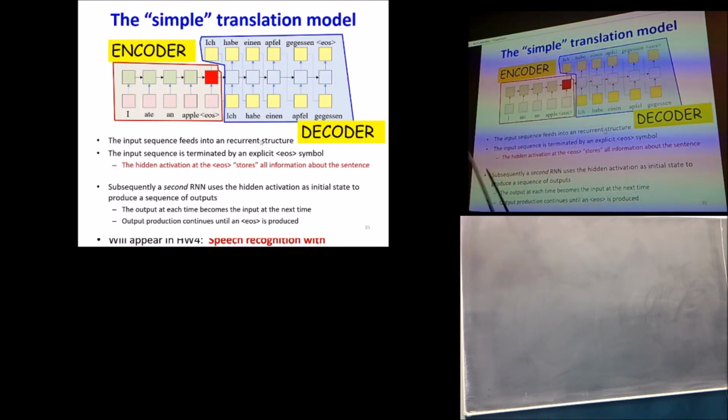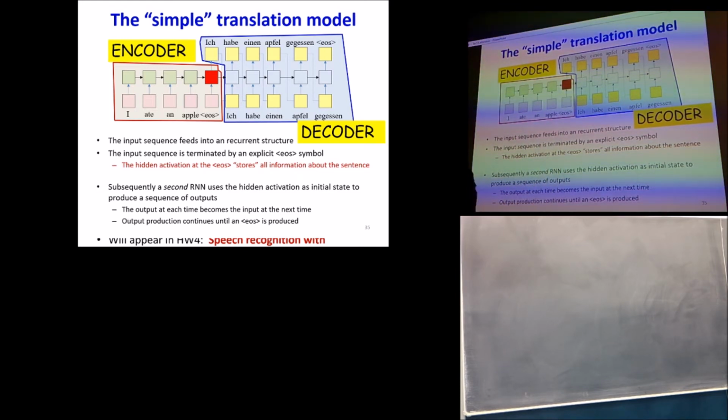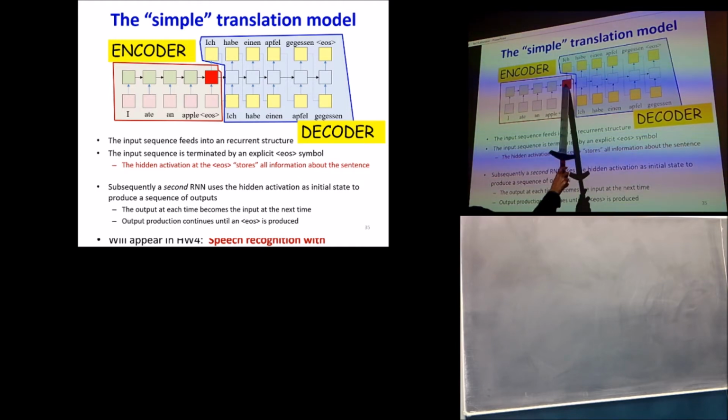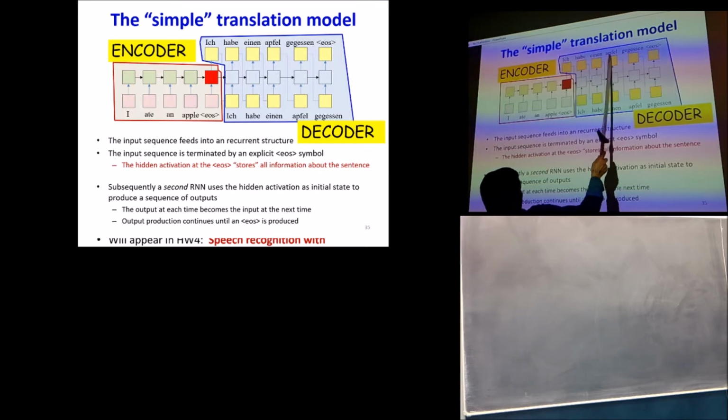So this figure here with the boxes represents the entire process. But now, if you consider how the computation is done, you can actually decompose the computation into two components. The first component processes the input and produces this hidden state value. The second component consumes this hidden state value, goes through a second recurrence, and produces the output.